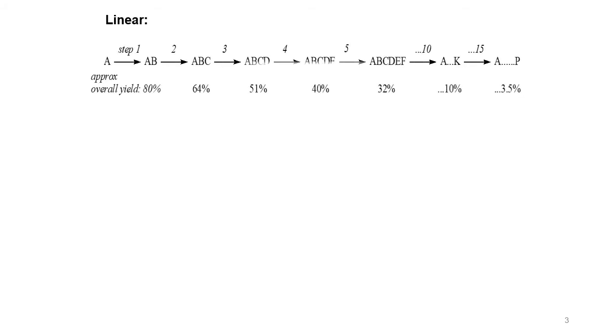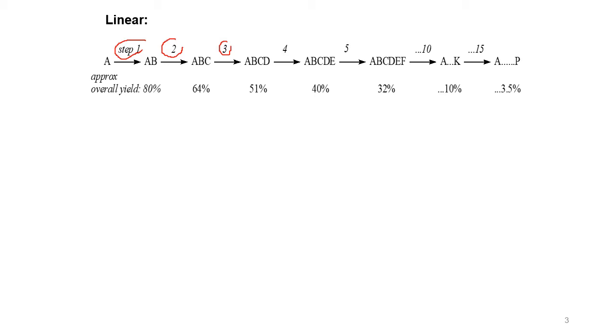If linear, you have from A to AB, this is step 1. From AB to ABC, it is step 2. From ABC to ABCD, step 3, and go on until step 15, for example.